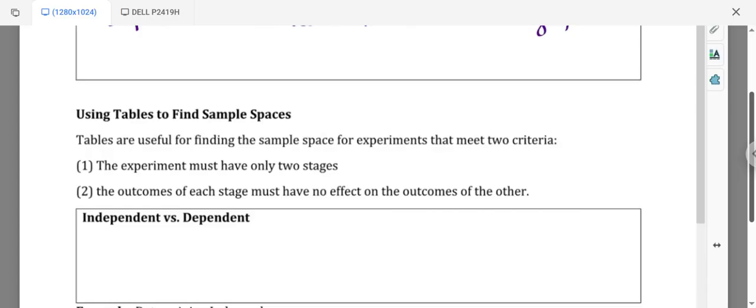So, either in succession or simultaneously.